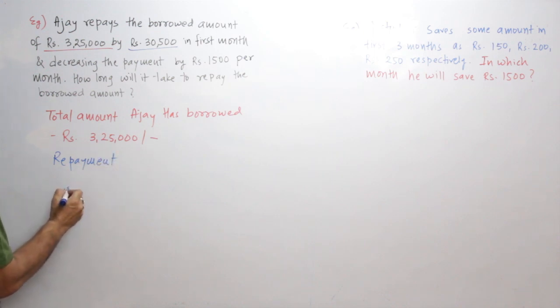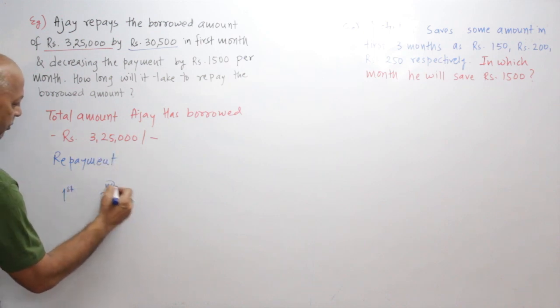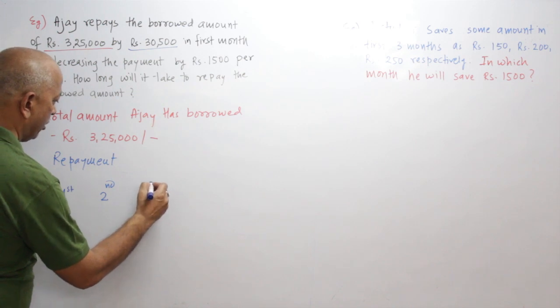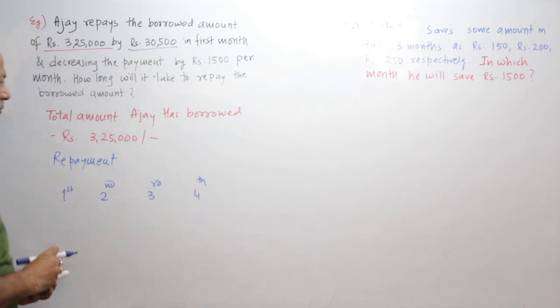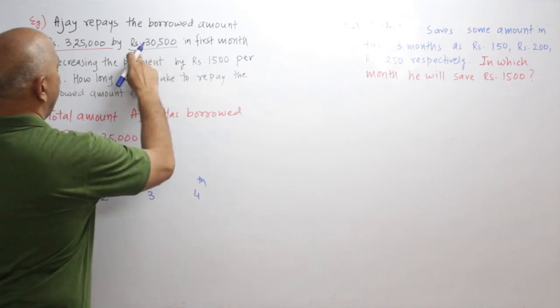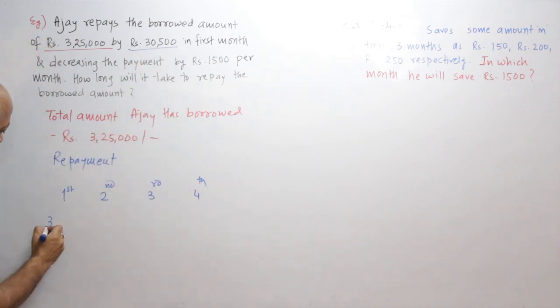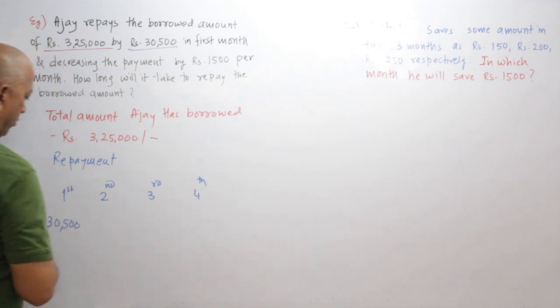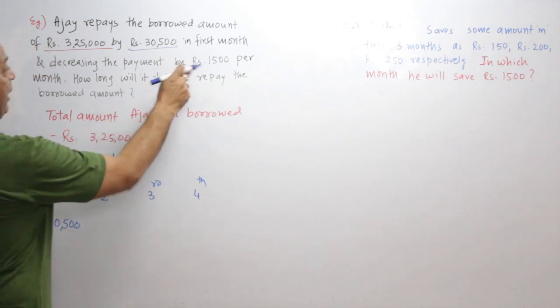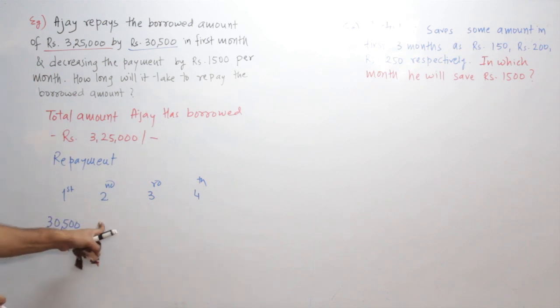So first month, second month, third month, fourth month likewise. So he has paid in first month 30,500. How much has he paid in second month?